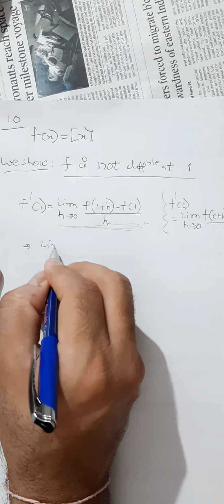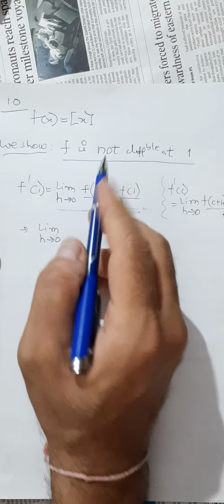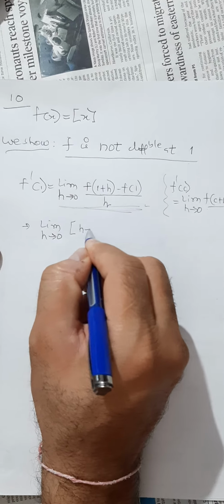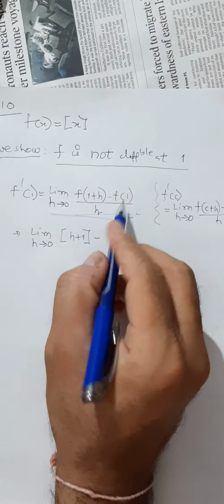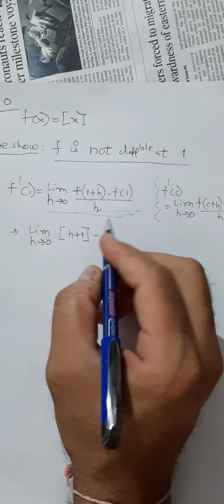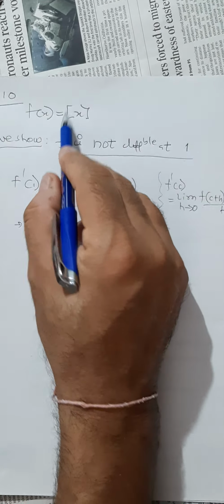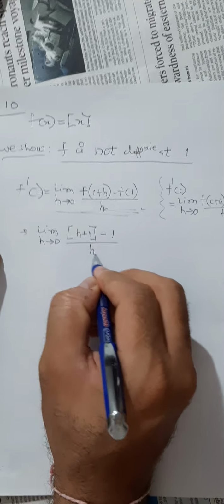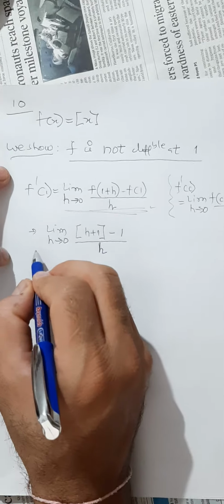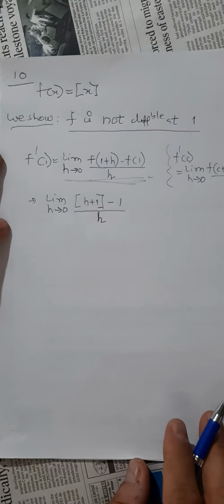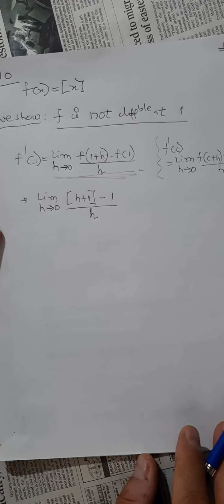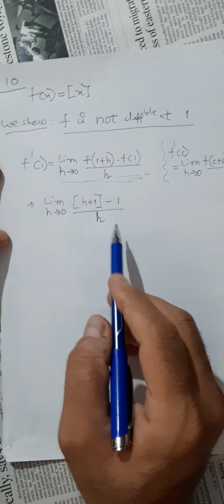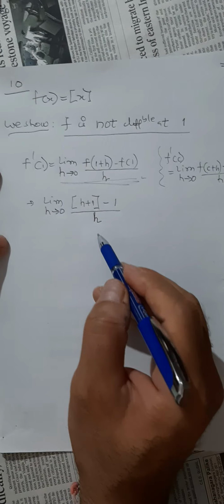Okay, so limit h tends to 0, box of h plus 1 minus f of 1, box of 1, you know it is 1, upon h. So we have this. Now again you have the box function, so you need to split into right and left limits.